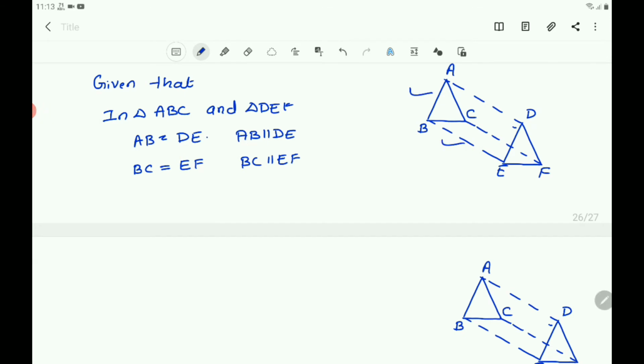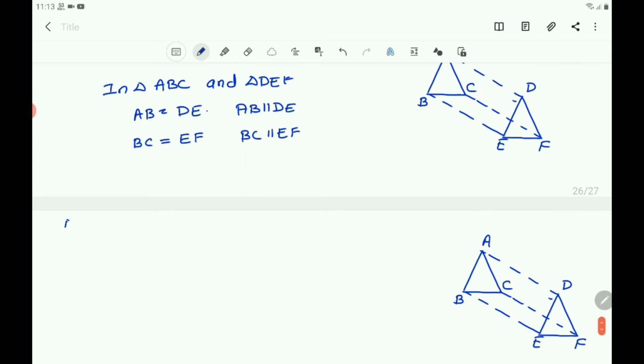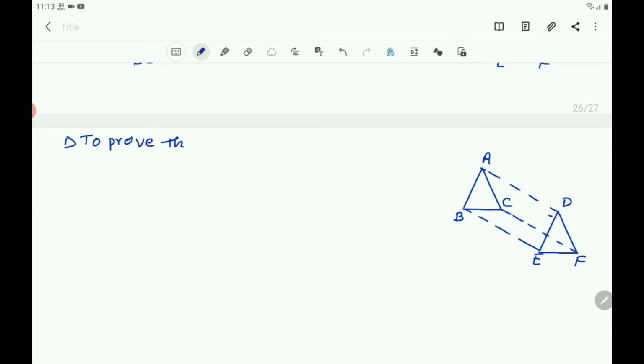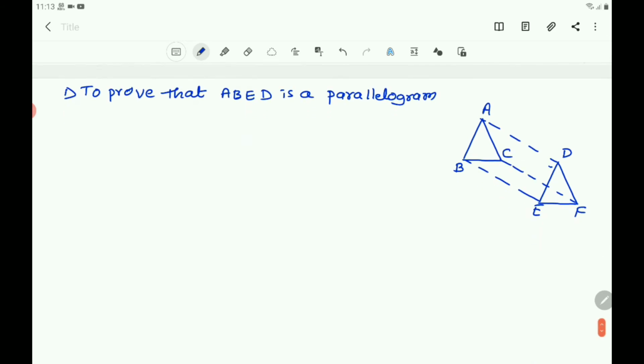To prove that, you write AB equals DE and AB parallel to DE.